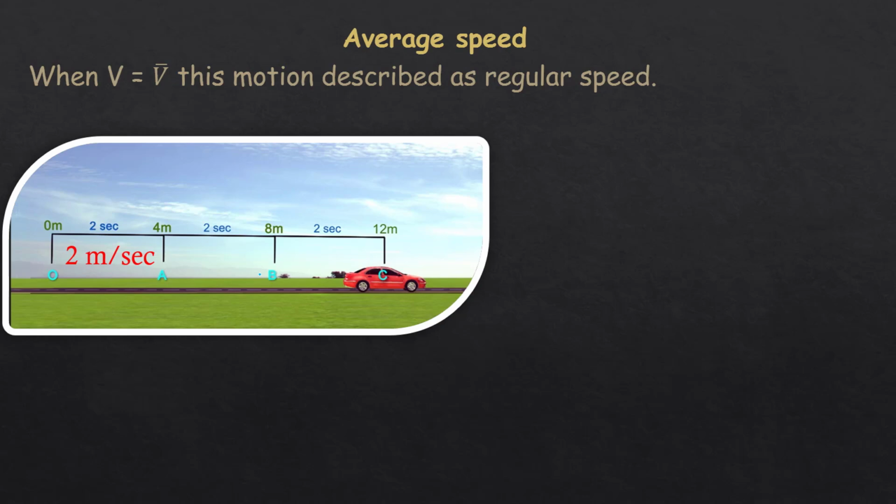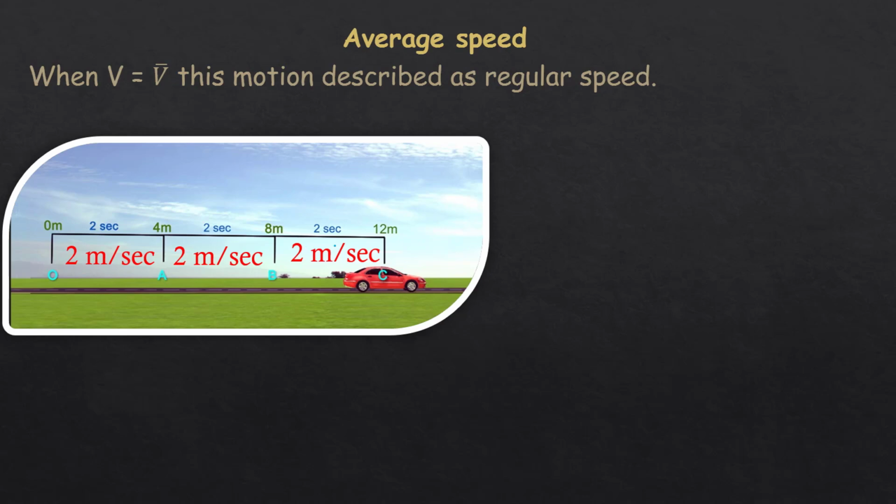and from A to B it will also be 2 meters per second because of 4 meters distance and 2 seconds time. And finally between B and C, also 2 meters per second, because the distance here is 4 meters over 2 seconds.